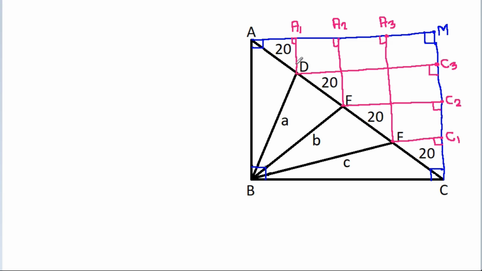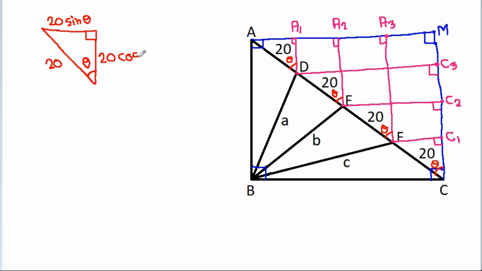Then these angles will be equal, suppose theta. And in any triangle, if this angle is 90 degrees, this angle is theta, and this length is 20, then this length will be 20 sin theta, and this length will be 20 cos theta.